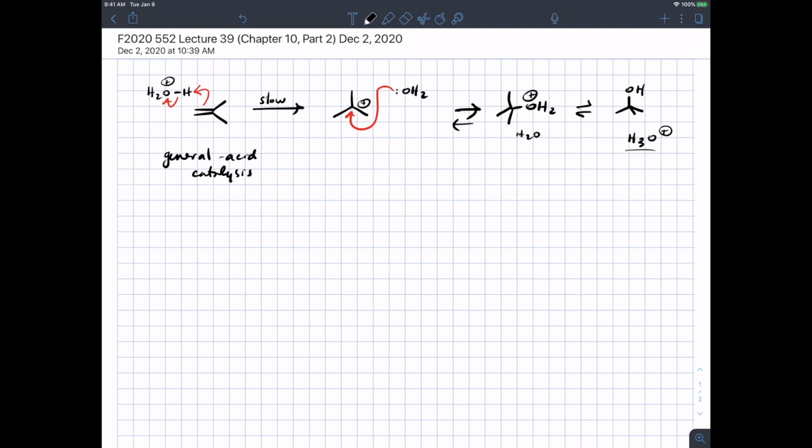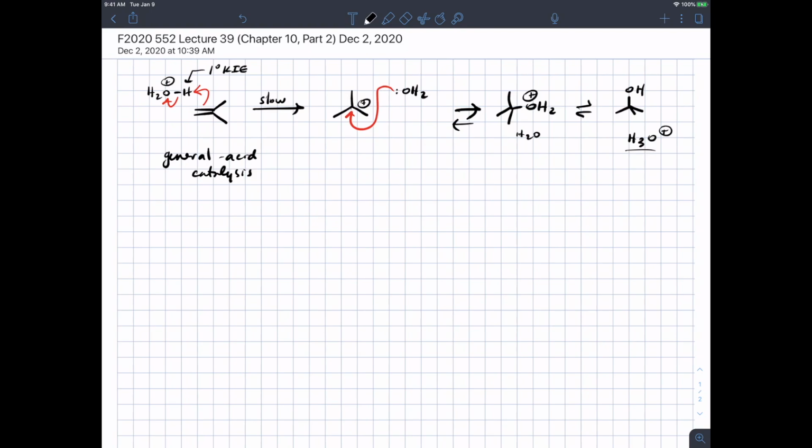In terms of the kinetics, the reaction's first order in acid and first order in alkene, as you would expect, based on what I've identified as the slow step. There's a primary kinetic isotope effect for the acid, for the proton donating species of the acid. So we'll just say primary kinetic isotope effect there, which is consistent with that proton changing its bonding.